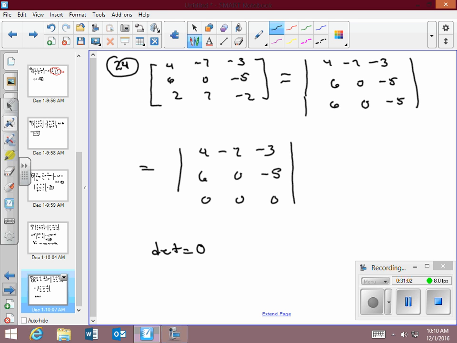And then if the determinant equals 0, then by theorem 4, the matrix is not invertible.